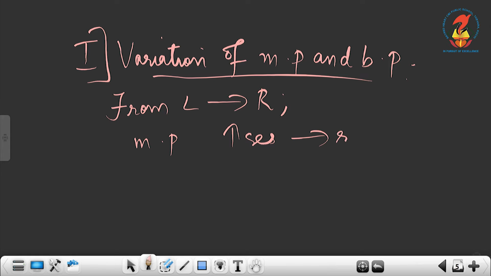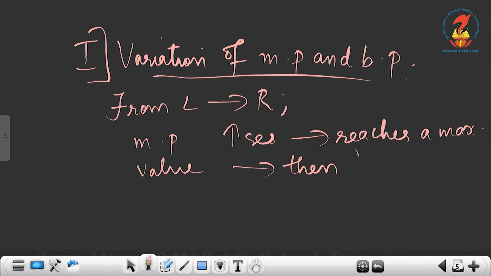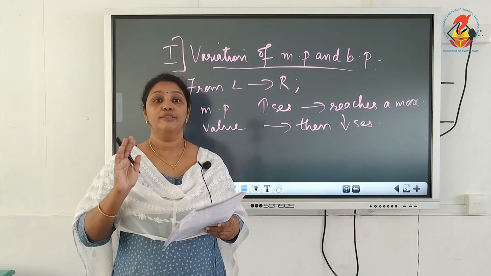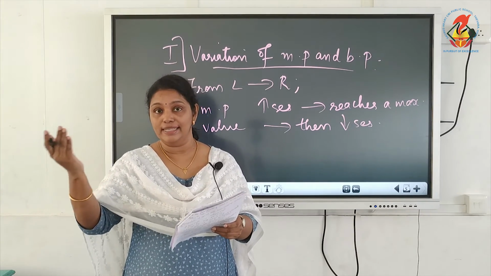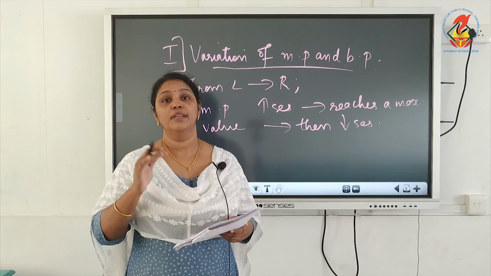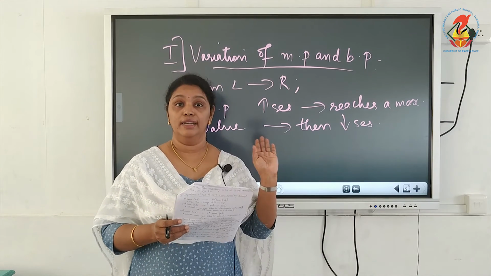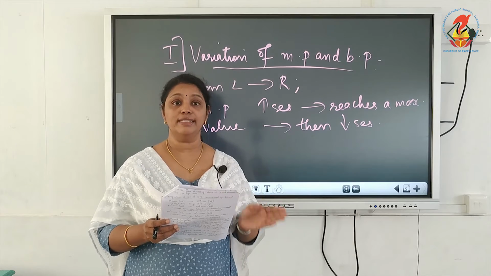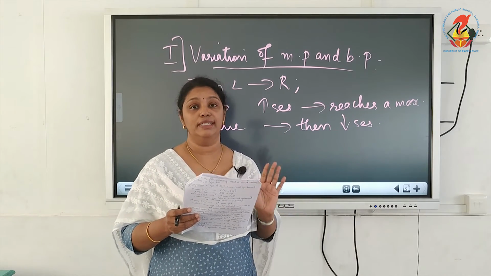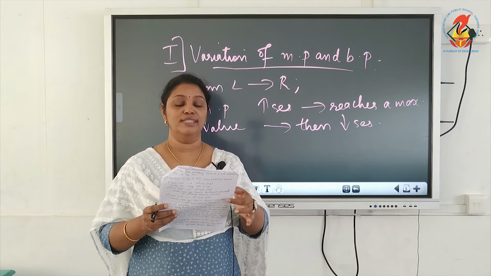First it increases, then reaches a maximum value for the middle elements, because middle elements have the maximum number of unpaired d electrons, and then decreases as pairing of electrons takes place. Because in the first transition series, first the number of unpaired electrons increases, and towards the middle of the series we have more unpaired electrons. After that, pairing of electrons takes place in d orbital, so the melting point decreases. So along the period, the melting point first increases, reaches a maximum for the middle elements, and then decreases as pairing of electrons takes place.